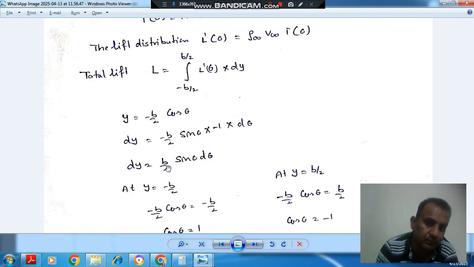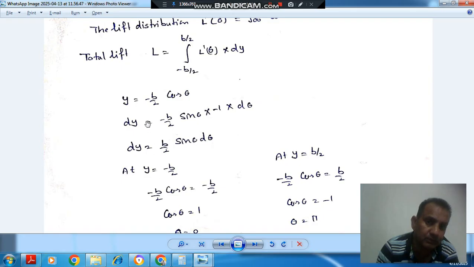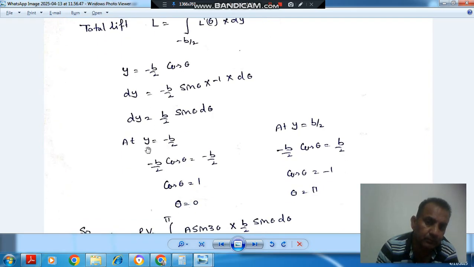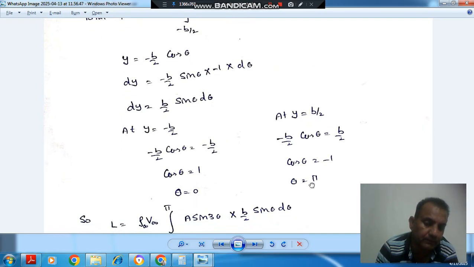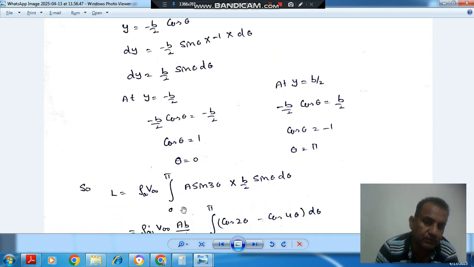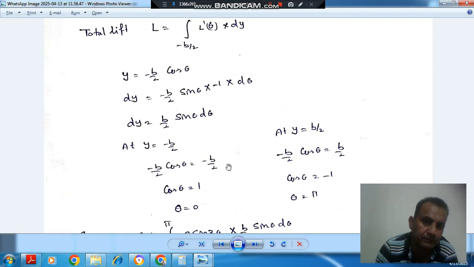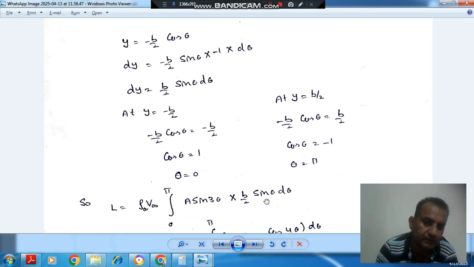When y = -b/2, theta will be 0, and when y = b/2, theta is π. So the limits are 0 to π. And dy is this quantity, (b/2) sin θ dθ.